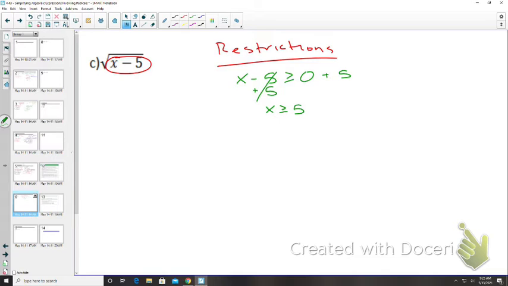Anything less than 5, so if x is equal to 4, 4 minus 5 gives us negative 1, which we cannot take the square root of. So our restrictions: x must be greater than or equal to 5. And root x minus 5, we cannot simplify this any further, so this is our fully simplified answer.